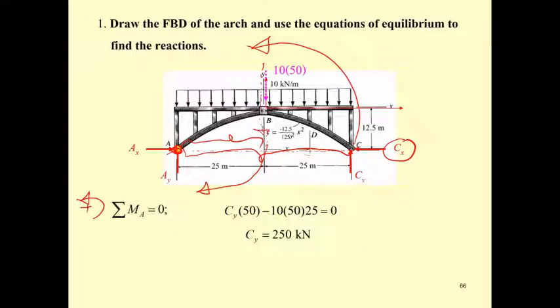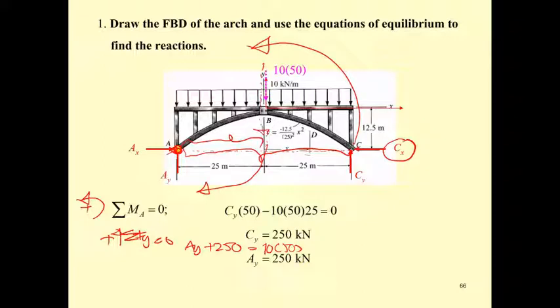And then you may have summation of F sub y equal to 0, and upwards is plus. You will have A sub y plus 250 equal to 10 times 50. So you got the A sub y of 250 kilonewton. And the A sub x we cannot find from this free body diagram.